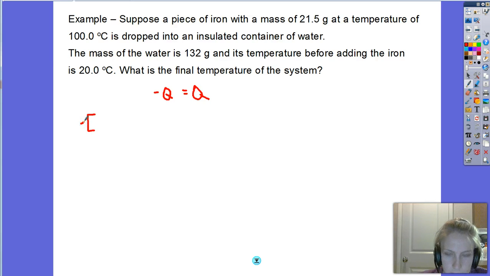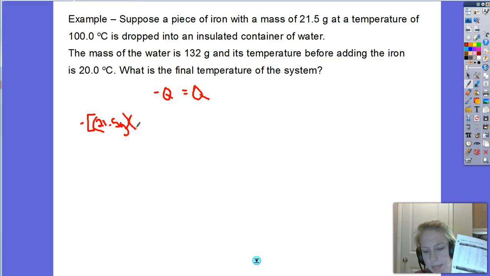So I have negative. I'm going to start with what loses. So the iron is going to lose the heat. So we have 21.5 grams for the iron. If you look up iron on your handy dandy chart, you'll see it's 0.460.